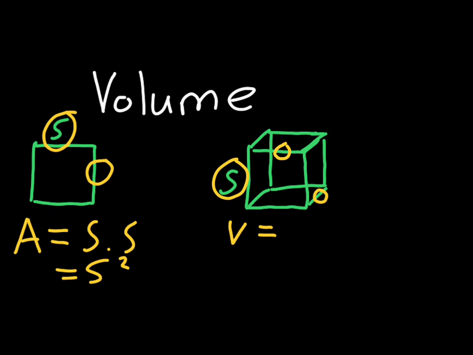And because we know that all the sides of a cube are the same, we can say side times side times side. And this gives us side cubed. And this is how we arrived at the formula for the volume of a cube.